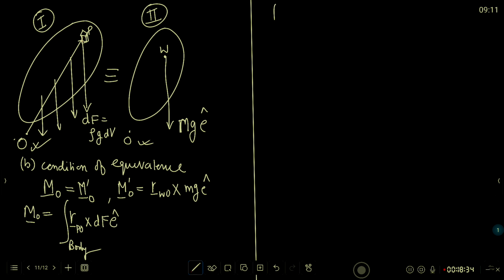We equate the two. Also I replace dF by rho g times dV, and on the right hand side I have r_WO cross E times mg.